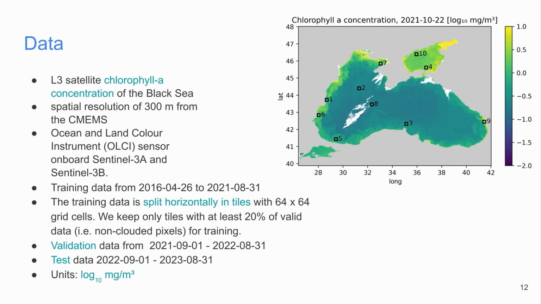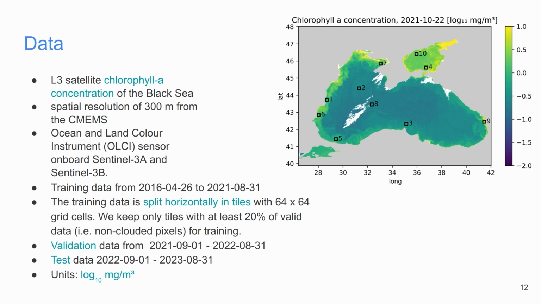Okay, and so we trained this on chlorophyll data of the Black Sea. So we used all the data of the Black Sea and then validated on this area. This was the first time we worked on this kind of network, so the size of the images is fairly small. This is just 64 by 64 grid cells.